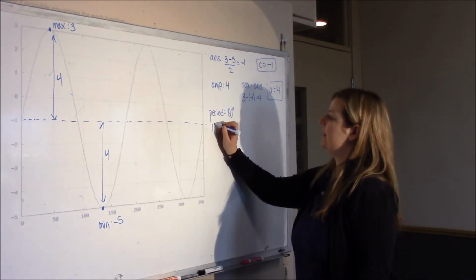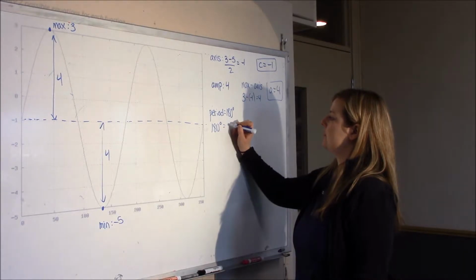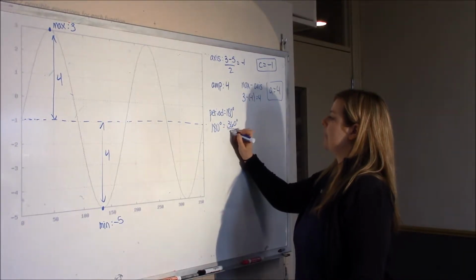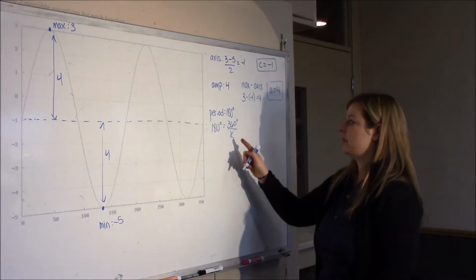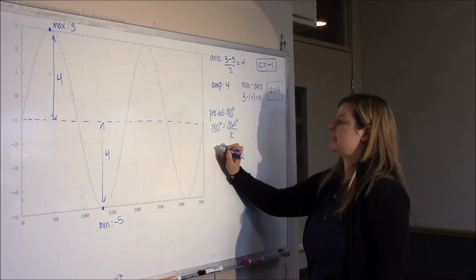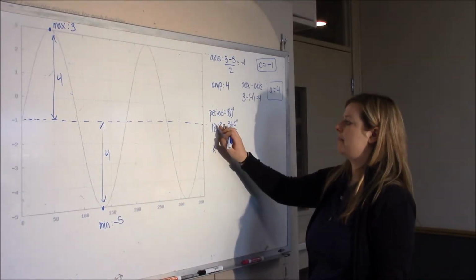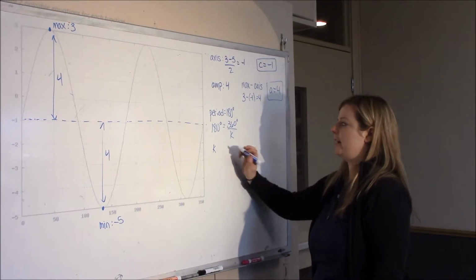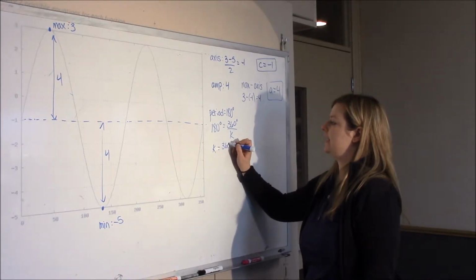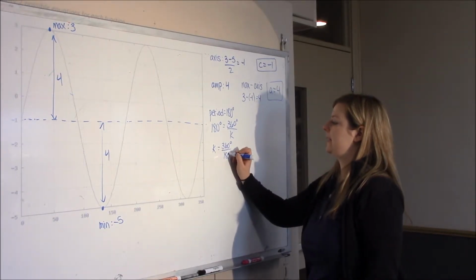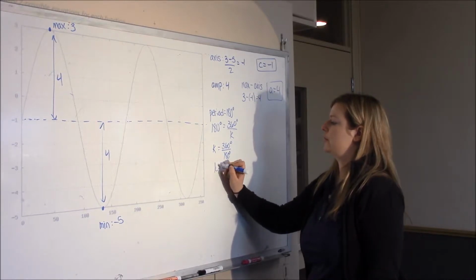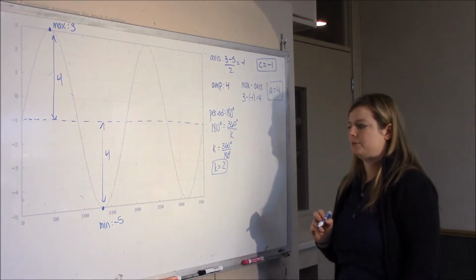Remember, the period, 180 degrees, equals 360 divided by K. To solve for K, you can switch these places: multiply this up and then divide the 360 down. So K is just 360 divided by 180, so 2. Our K value is equal to 2.